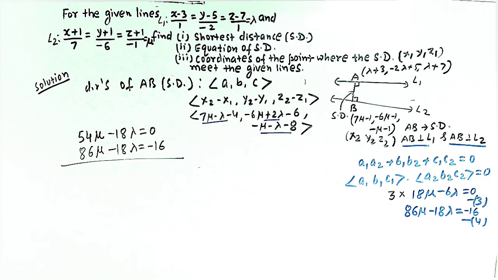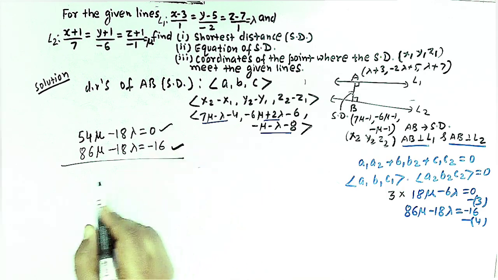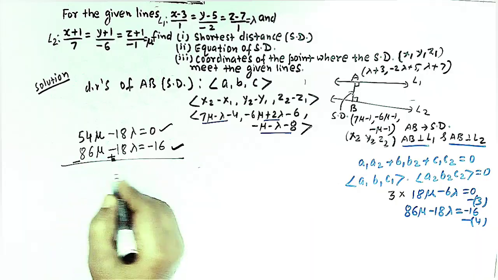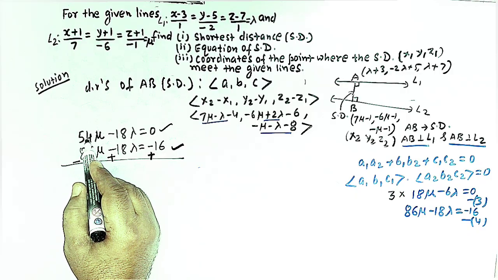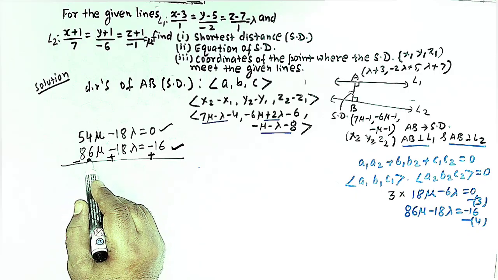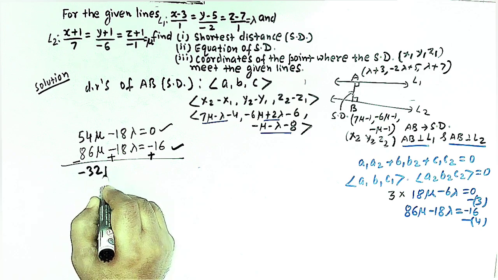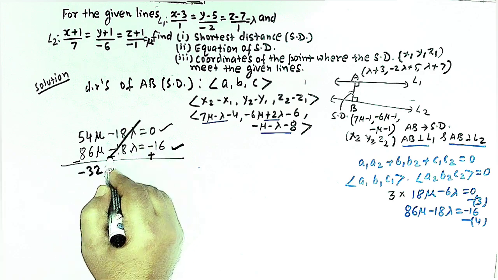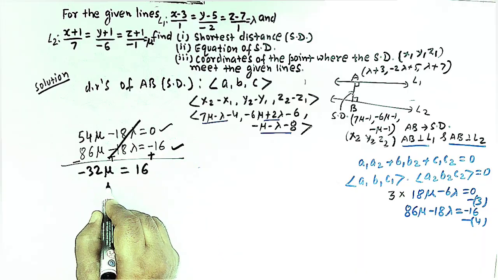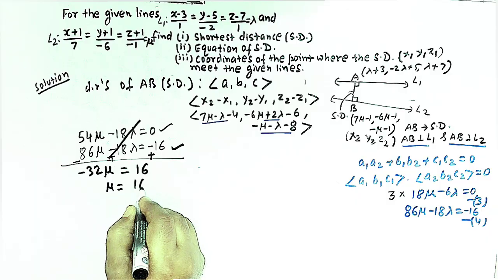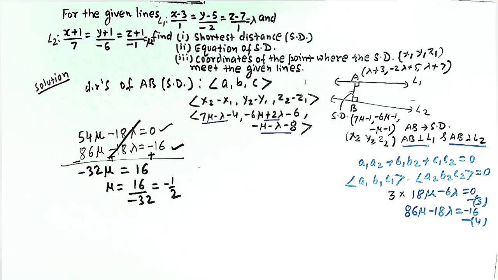So let us now subtract this equation from this one. So here we have the negative sign, here we have positive sign, and here we have a positive sign. So 54 minus 86 is minus 32 mu, and here these two terms get cancelled, and here we have plus 16. So mu is equal to 16 over minus 32, that is equal to minus half, right?